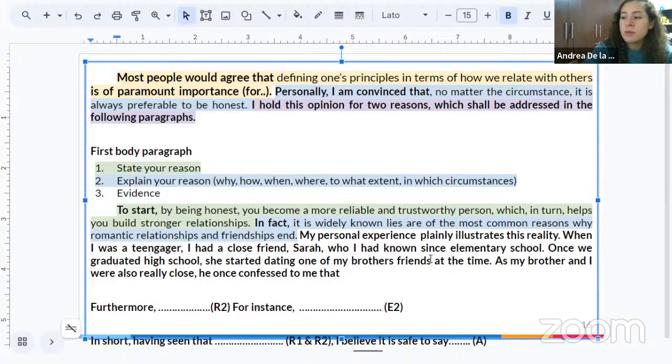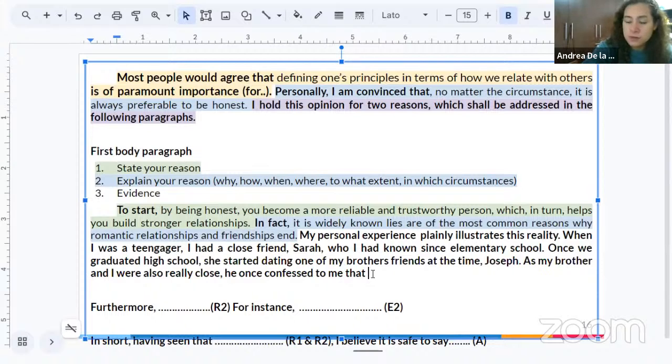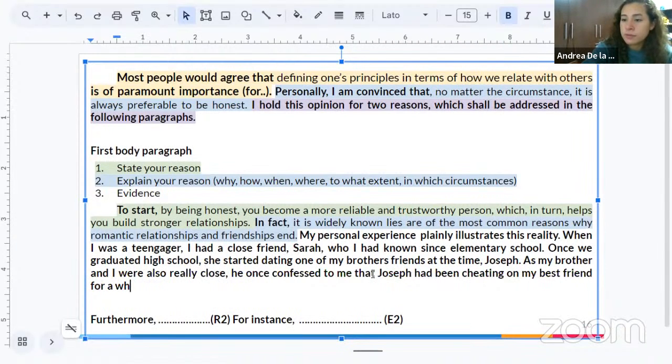She started dating one of my brother's friends, Joseph. Okay, let's say that the boyfriend is gonna be Joseph. Now, as my brother and I were also really close, he once confessed to me that Joseph had been cheating on my best friend for a while. Okay, let's just say something like that.